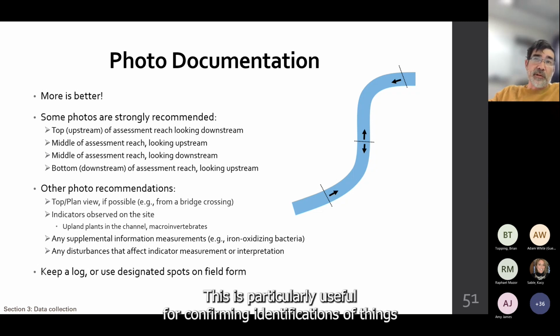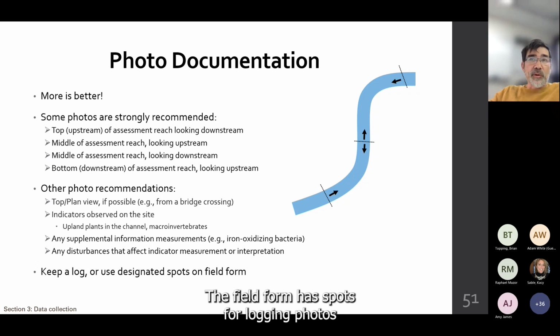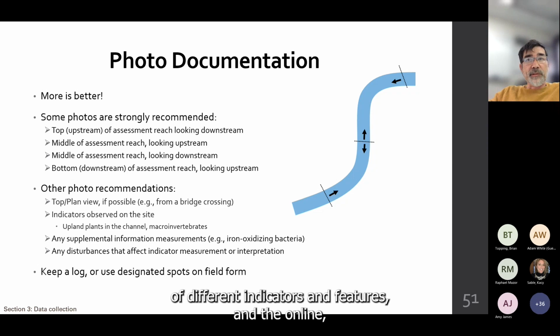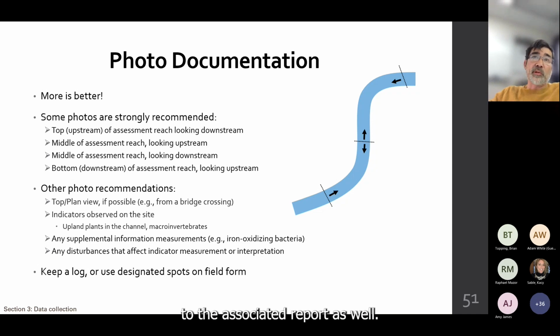This is particularly useful for confirming identifications of things like upland plants in the channel or macroinvertebrates. The field form has spots for logging photos of different indicators and features, and the web tool will have places where you can upload photos to the associated report as well.